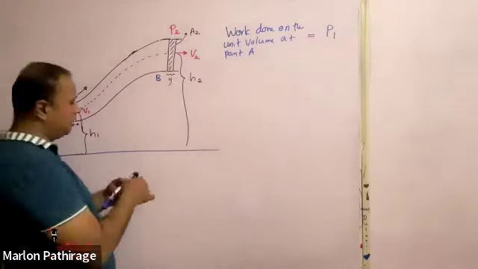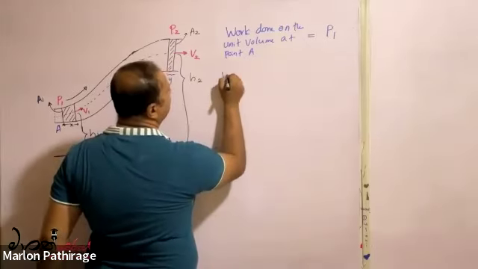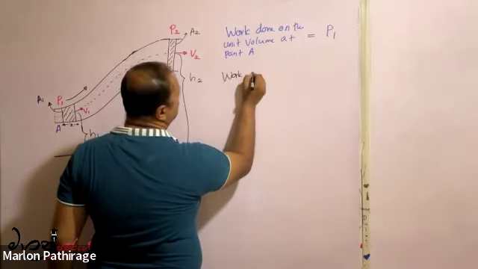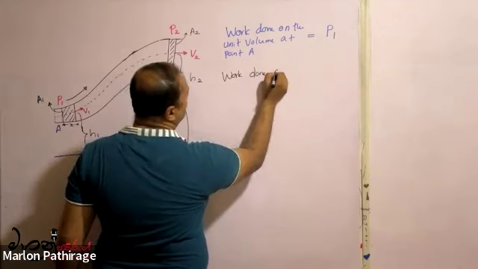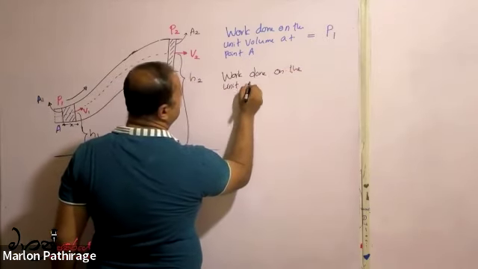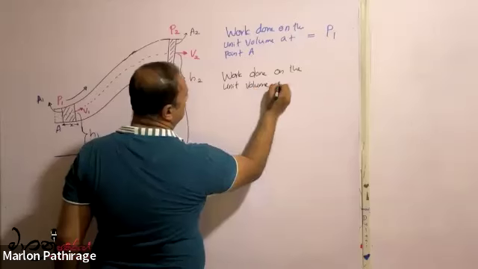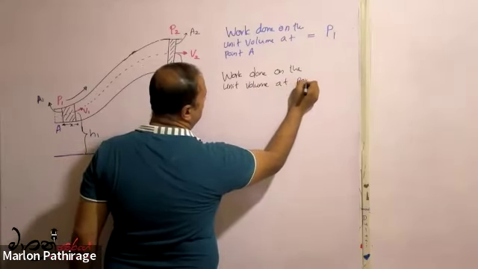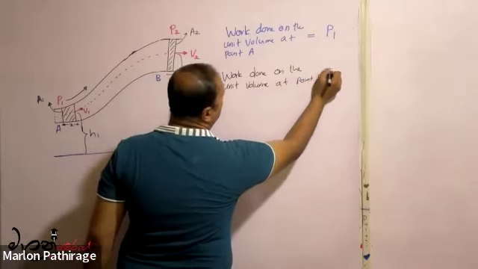Work done on unit volume at point B is P2.